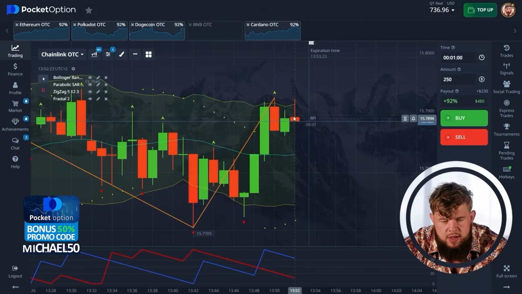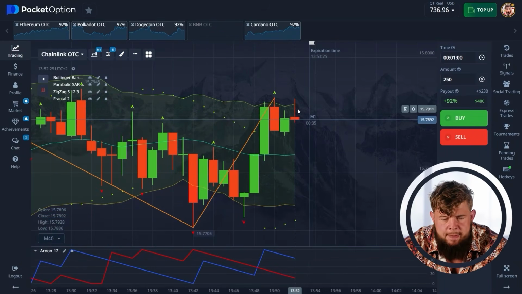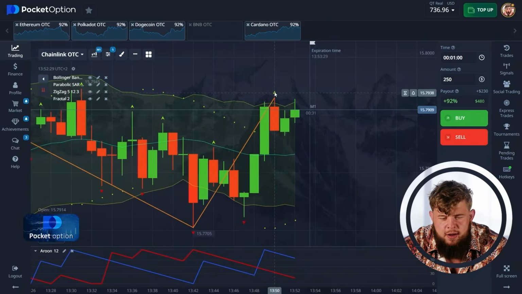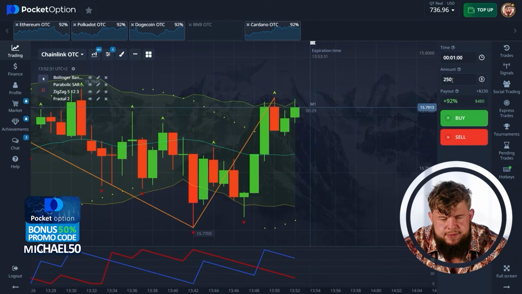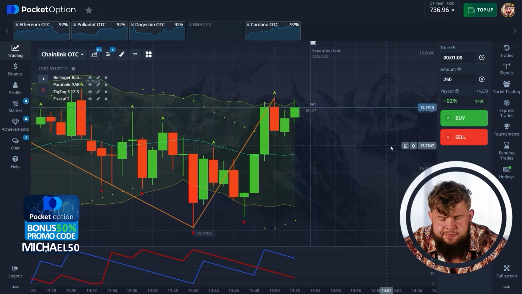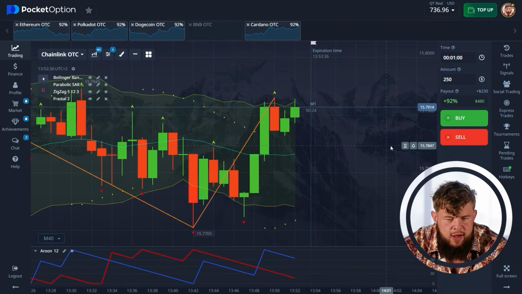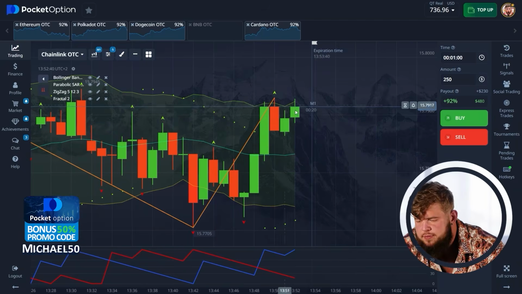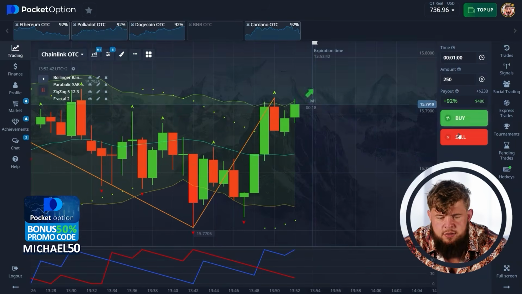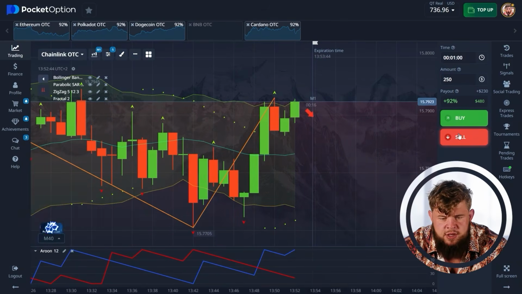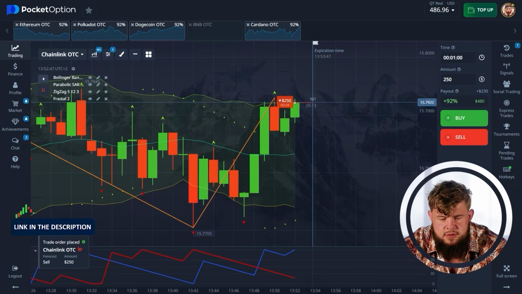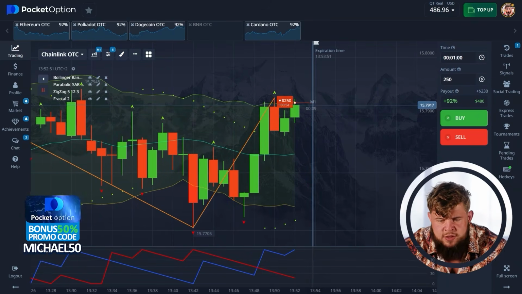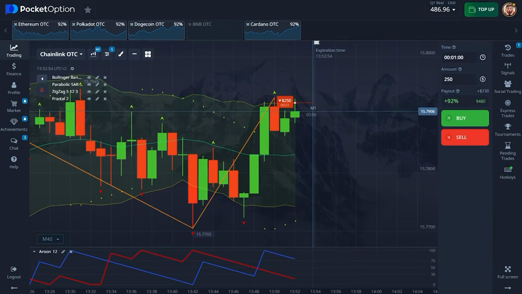So here, price is hitting the upper edge of the Bollinger Bands channel right now, and we are ready, I think, to receive the pullback reaction from it. So let's try to open a sell position from here, because we're highly likely to drop. We have invested $250 here.